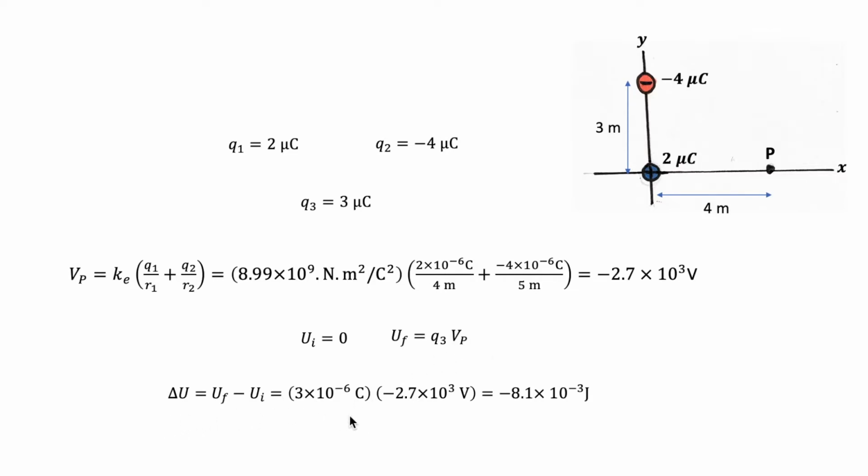So the change in the potential energy is equal to minus 8.1 times 10 to the minus 3 joules. And note that we did not include the potential energy associated with the pair 1 and 2 because we are calculating the change in the potential energy as a third charge is moved from infinity to the system. And the potential energy associated with Q1 and Q2 will not change.